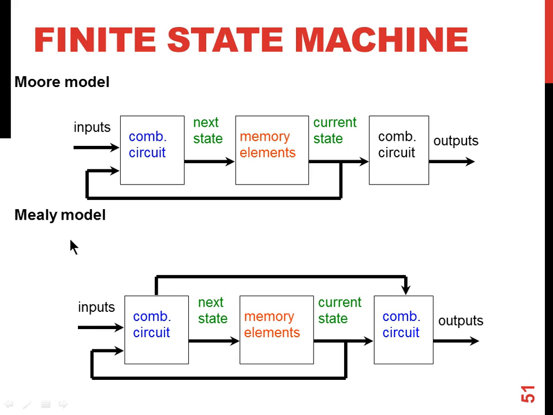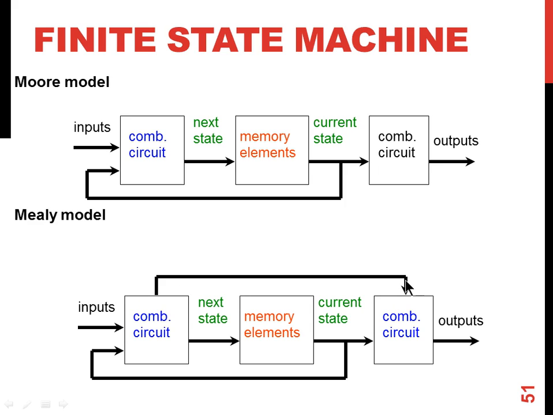Here is the diagram for the Moore machine. This is the diagram for the Mealy machine. If you see the Moore model, output is dependent on my current state. Based on the circuitry in the current state, some output will be generated. In the case of the Mealy model, the output is dependent on the current state and the combination of inputs also.